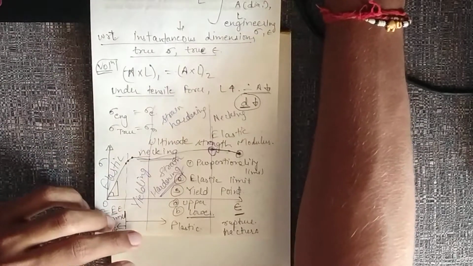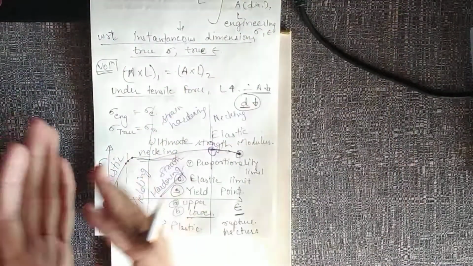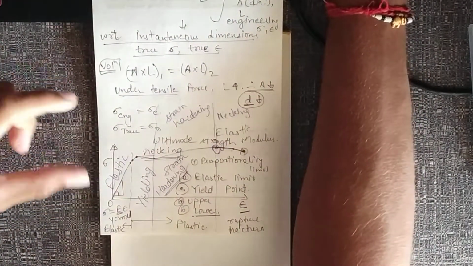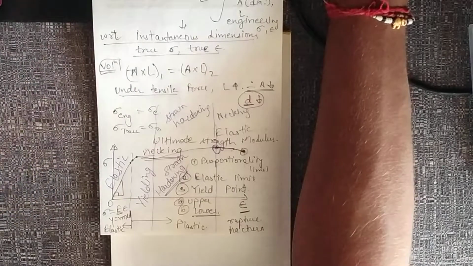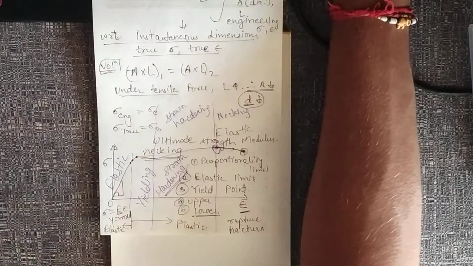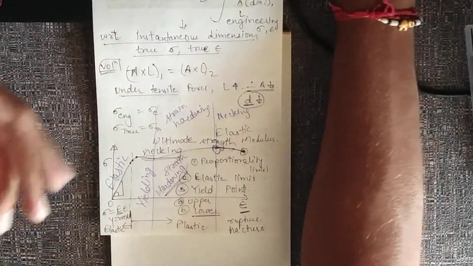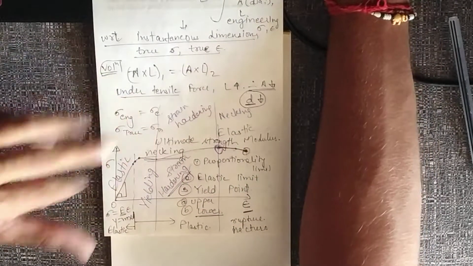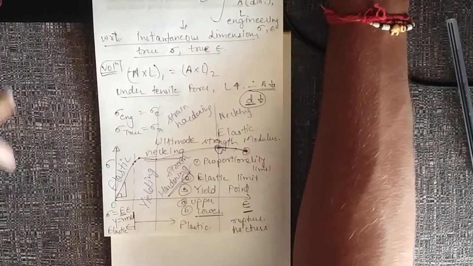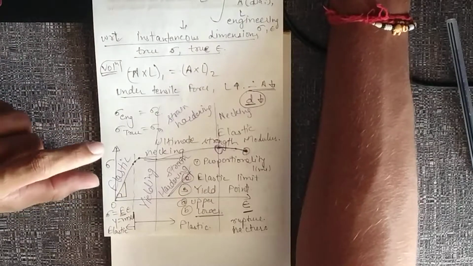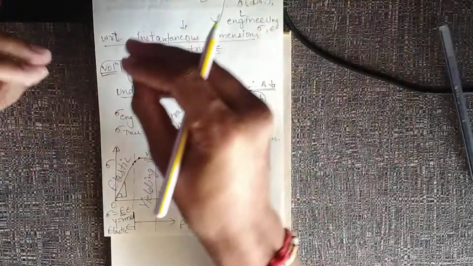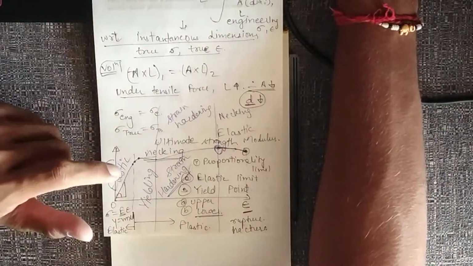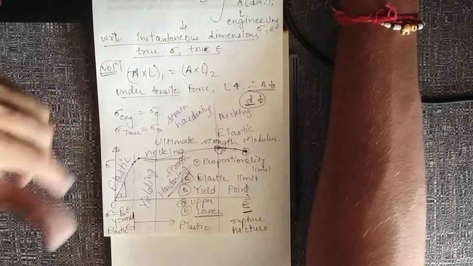Let me describe that. As we are stretching it, the number of deformations increases, and more dislocations will happen, and dislocations will move from their original position and start interacting with more dislocations. The atoms will start interacting with more and more atoms. These interactions will impede the mobility of various dislocations, and as a result the strength of the material increases, due to immobility.